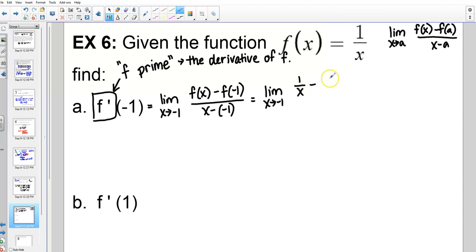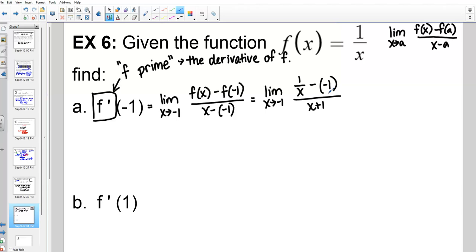We have to do f of -1. What would f of -1 be? If I plug in -1, I get 1 divided by -1, which is -1. So I have minus -1 over, this is really just an x plus 1 right here.